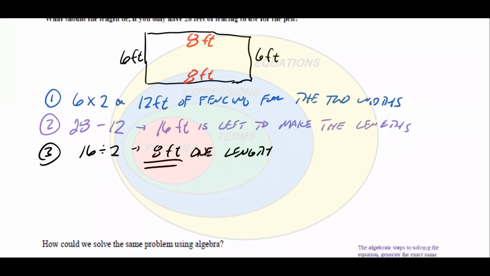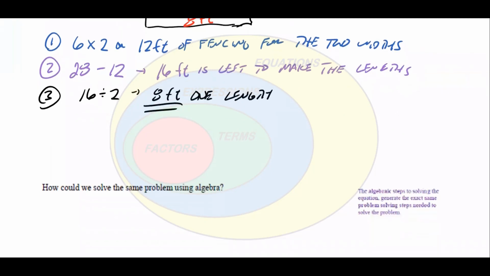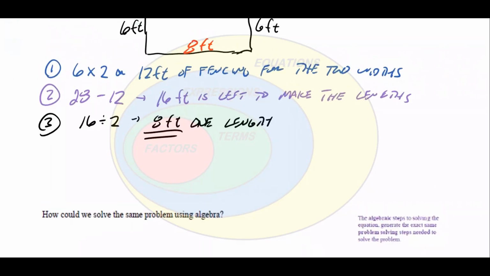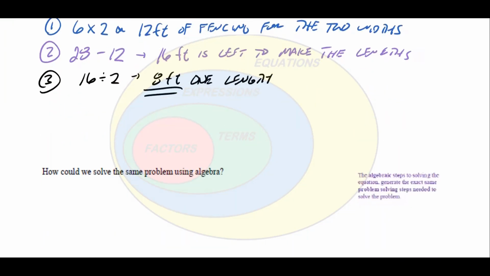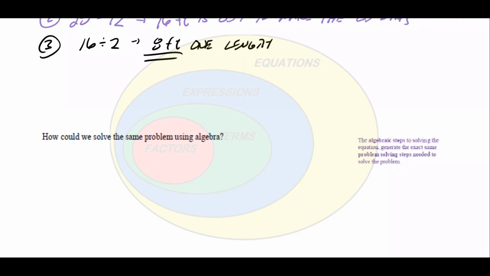So how does this then work, and how do I let algebra solve this? So how can we solve the same problem using algebra? And you might even have attempted to do that.